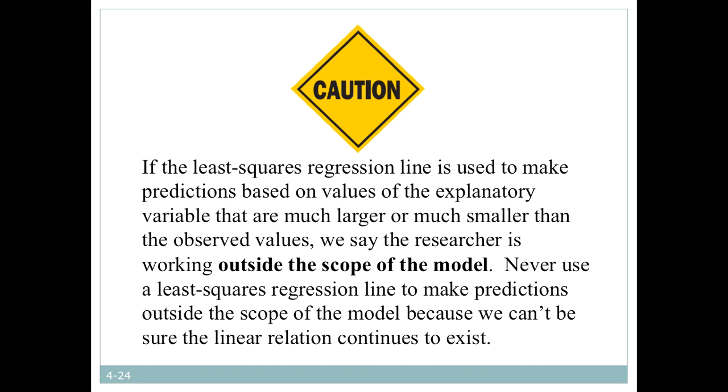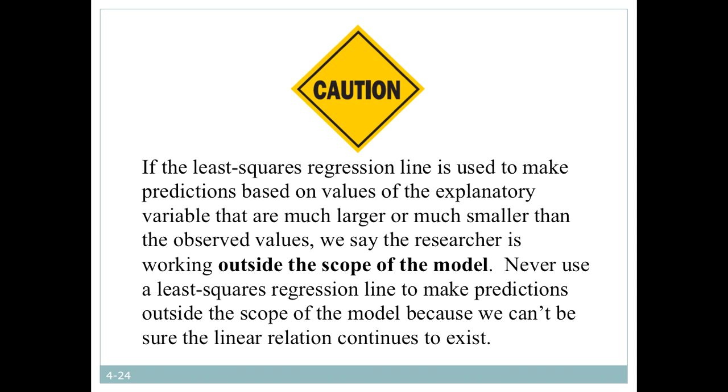Now, there's a caution sign here. If the least squares regression line is used to make predictions based on values of the explanatory variable that are much larger or much smaller than the observed values, then we would say that the researcher is working outside of the scope of the model. So we never want to use a least squares regression line to make predictions outside of the scope of the model, because we can't be completely sure that a linear relation continues to exist.